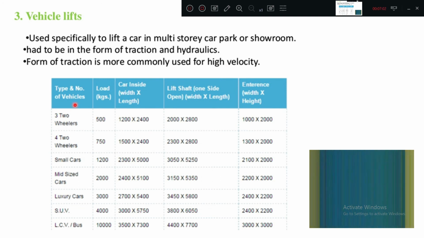See here, this column represents type of vehicles. So two wheelers, in one go three numbers of two-wheelers can be used. In one go four numbers of two-wheelers can be used. Small cars, little bit bigger cars, so the sizes are increasing. So its load carrying capacity is some 500 kg to 10,000 kg.